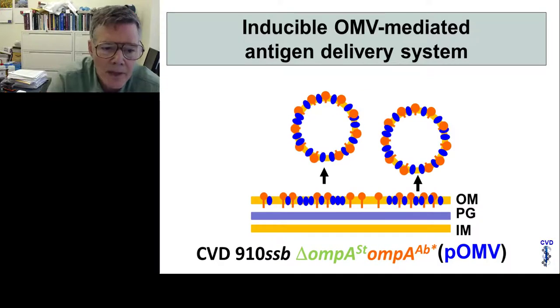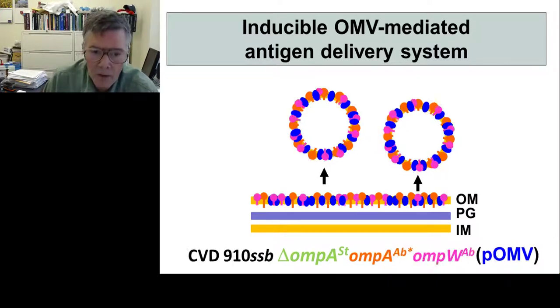Okay, so what if we delete the OMP-A from Salmonella typhi and express OMP-A from Acinetobacter in its place? If we engineer that OMP-A from Acinetobacter so that it no longer interacts with the purple peptidoglycan layer, then we may get more vesicle formation if we bring in hypervesiculating proteins like Cli-A or Pag-L.